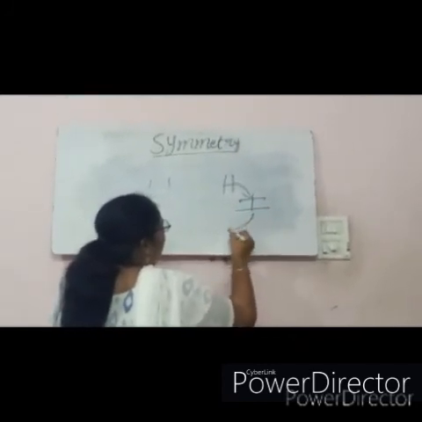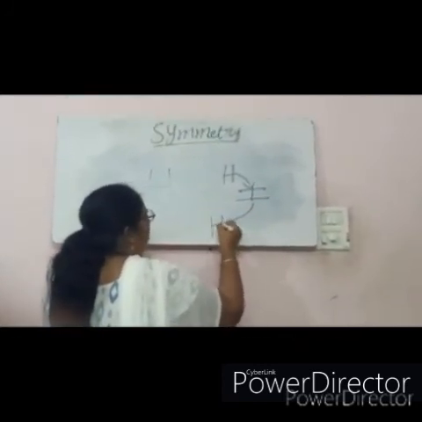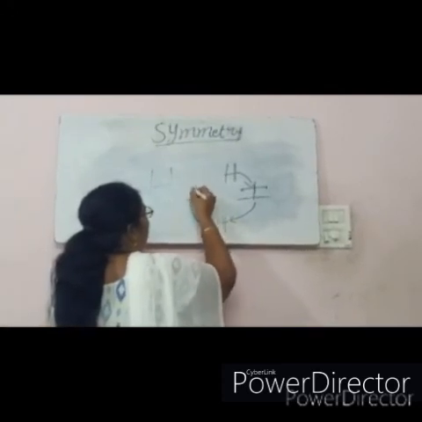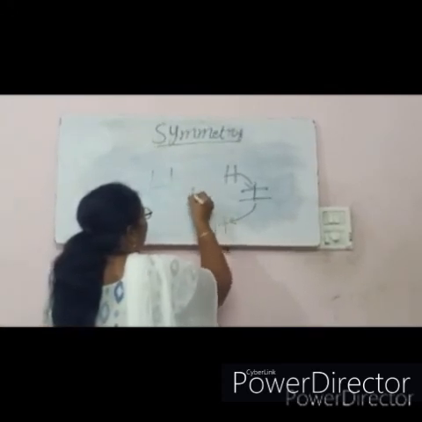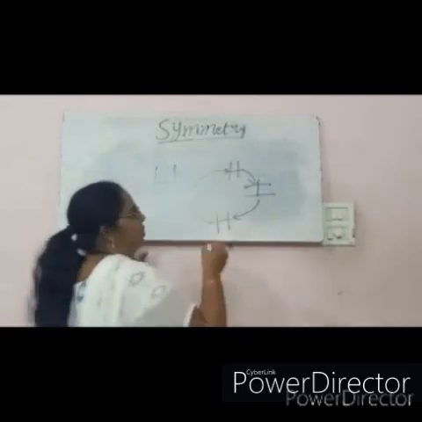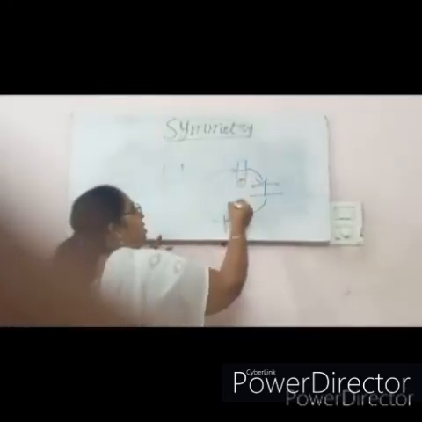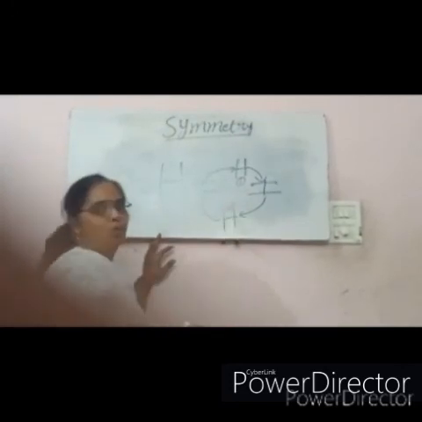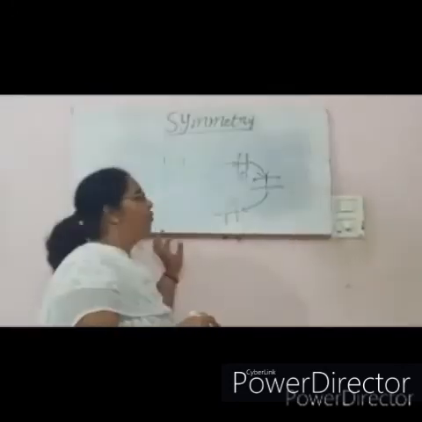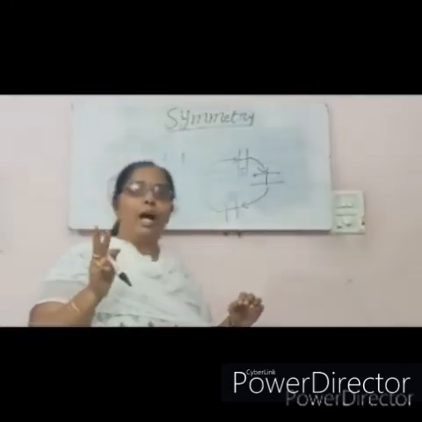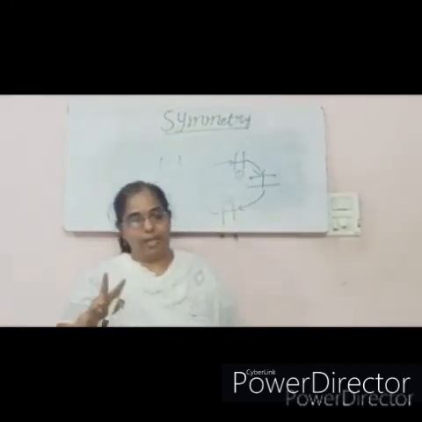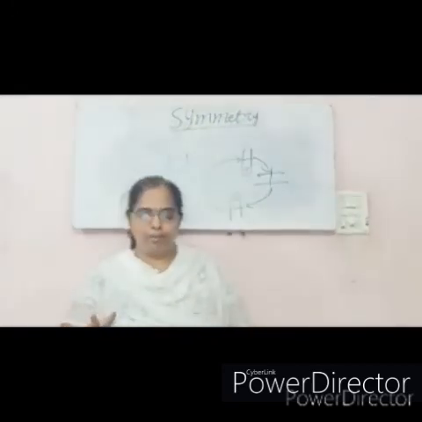And next if I rotate, it becomes like this. And next if I rotate, it becomes like this. And next it comes to the original position. So here the order is 2. This is 1 and this is 2. So for this particular letter, you have a line of symmetry as well as a rotational symmetry.